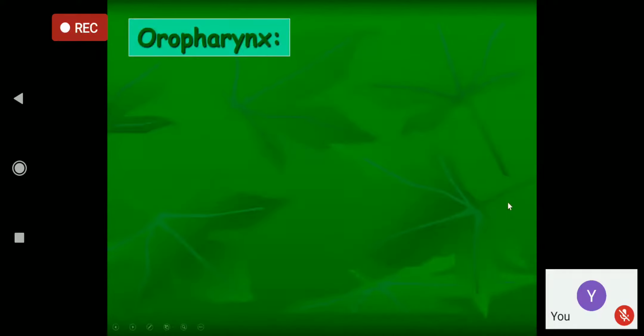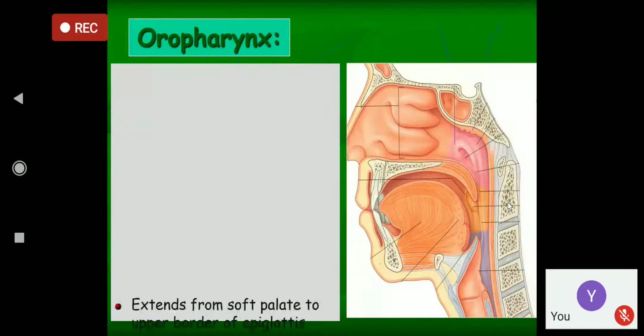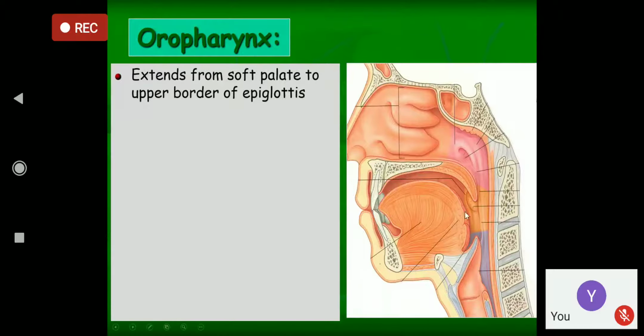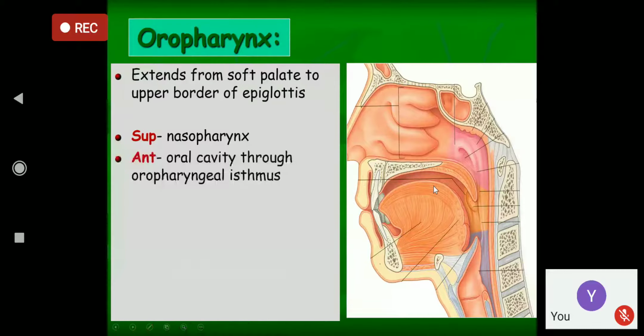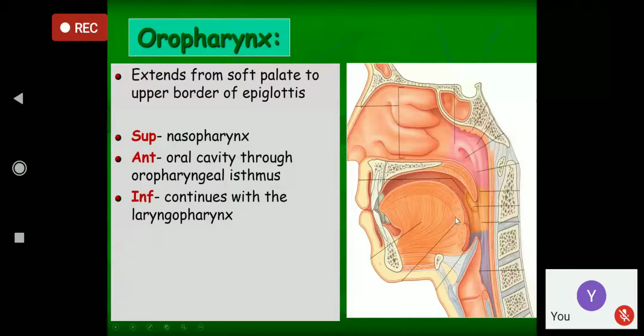Now, next is the oropharynx. What is the extent of the oropharynx, from here up to here? This will extend from the soft palate to the upper border of the epiglottis. The oropharynx has superior communication with the nasopharynx, inferior communication with the laryngopharynx, and anterior communication with the oral cavity through the oropharyngeal isthmus.